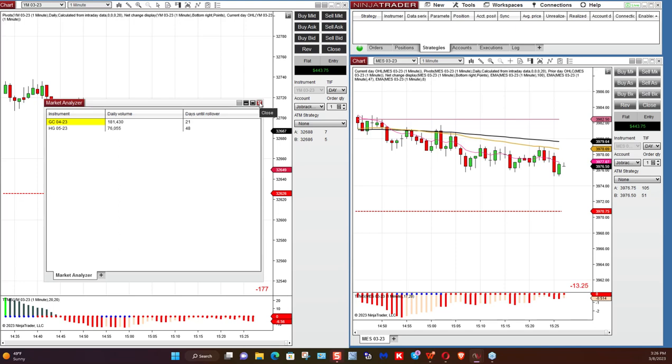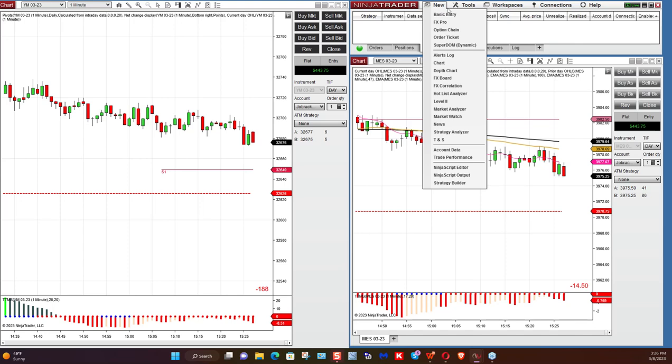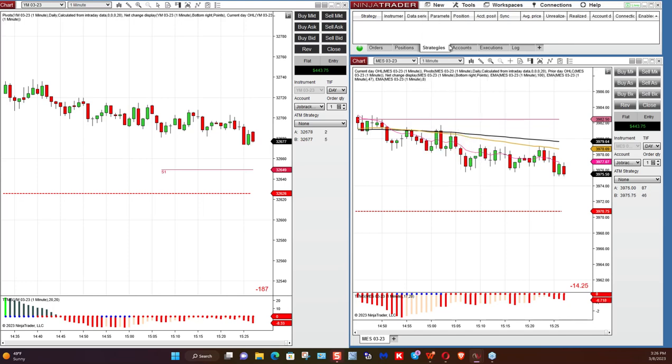Now, depending which data you buy, okay, if you buy the inexpensive $12 data, one way you could look at liquidity is by going to New, opening up the Superdome, okay? And when you open a Superdome, you will see actually the orders that are available.